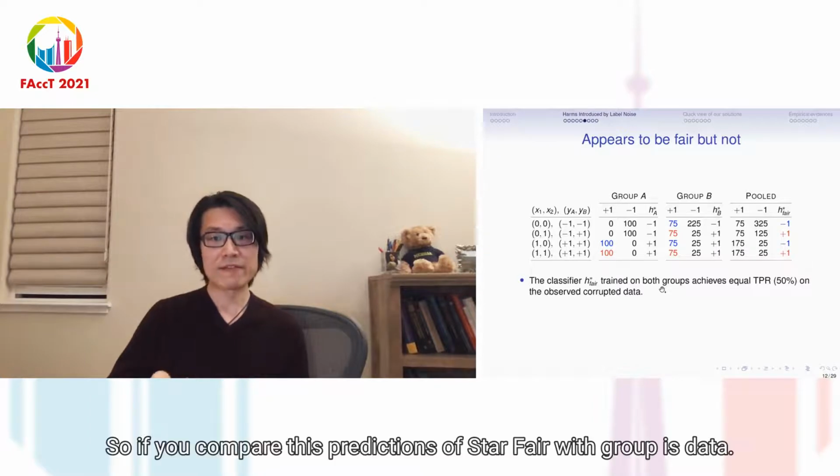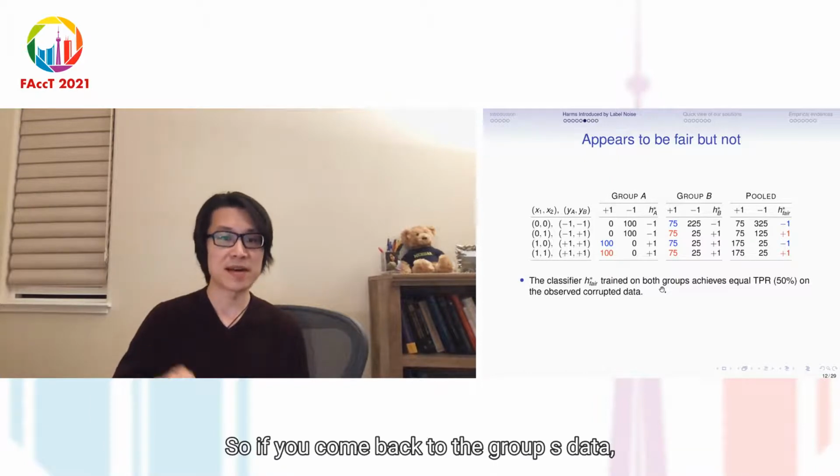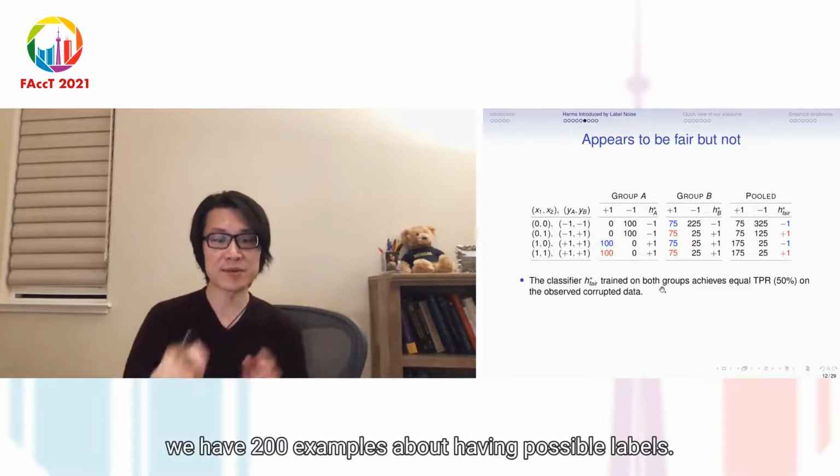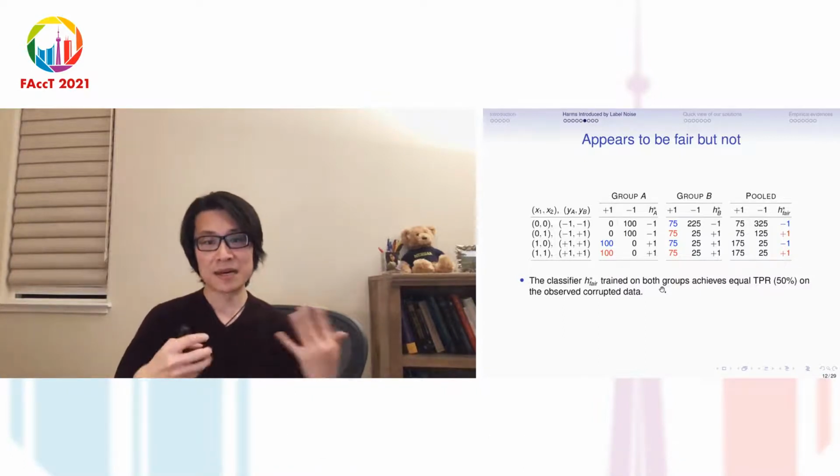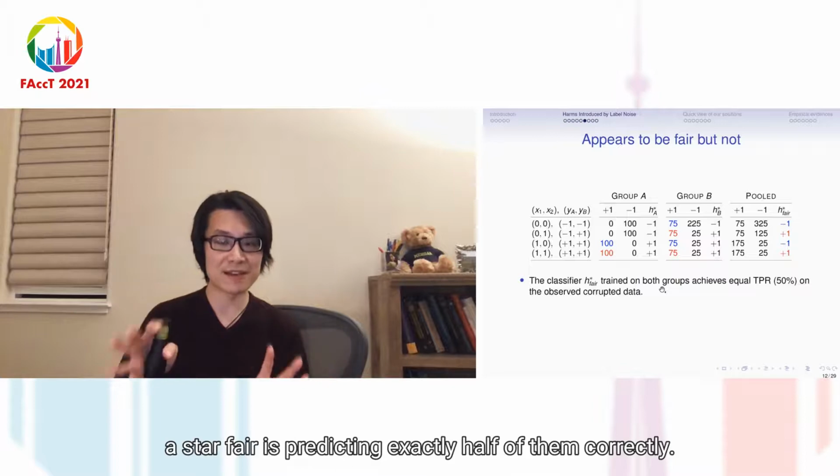Okay. So if you compare the predictions of h* fair with group A's data, we have 200 examples having positive labels. Among these 200 examples, h* fair is predicting exactly half of them correctly.